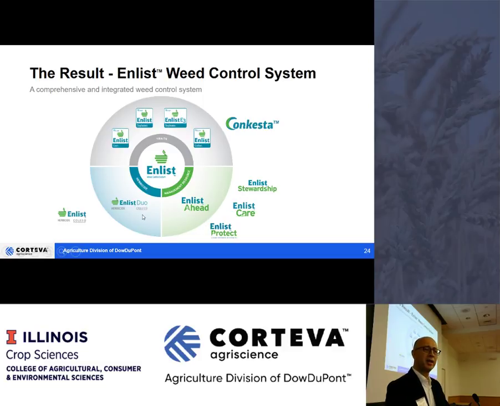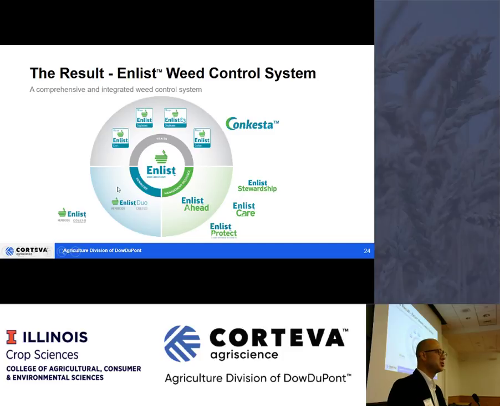And then there is obviously the chemistry component here. There is a solution that has been developed that is called Enlist Duo. I want to take a couple of sentences to explain this. This Enlist Duo is a mixture of glyphosate and 2,4-D for the purpose of the herbicides.